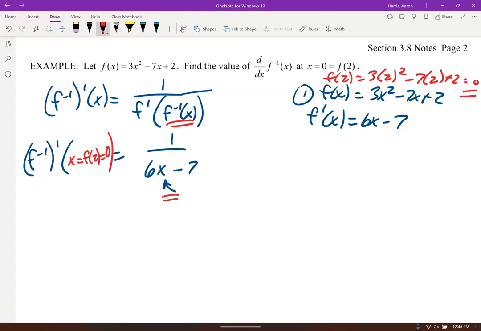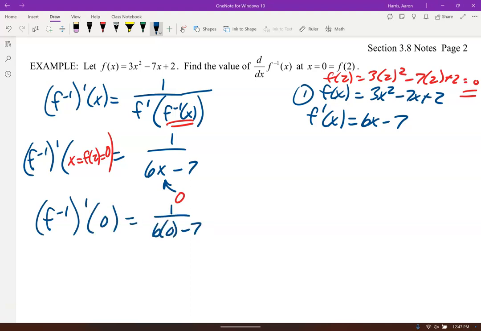Plug that output in. So we want this to be 0 right there. All right, so we're finding at f of x of 0.